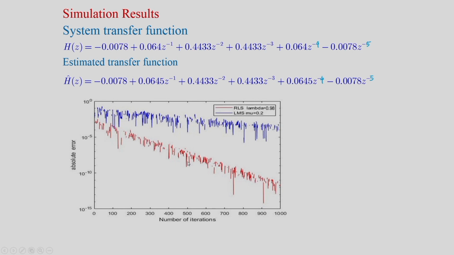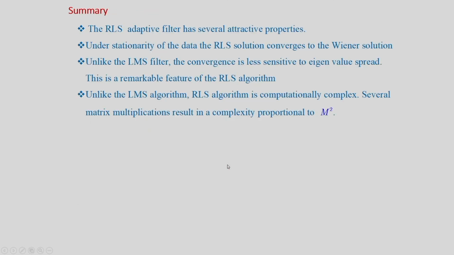So this is RLS. We see that this error is decreasing at a very fast rate. This is one important observation in the case of the RLS filter.